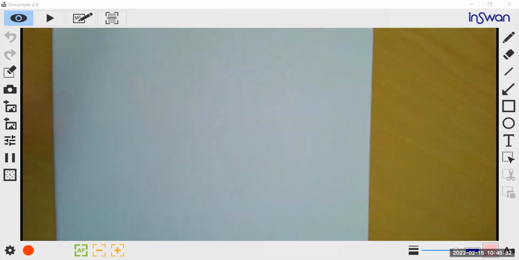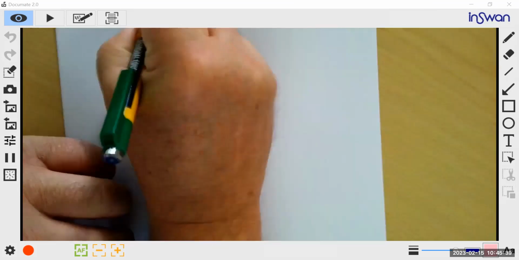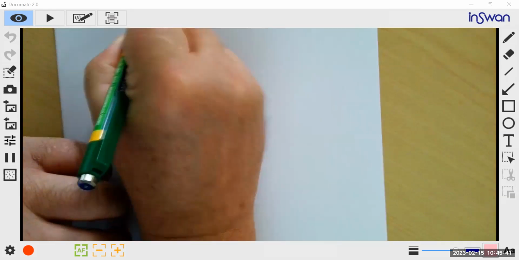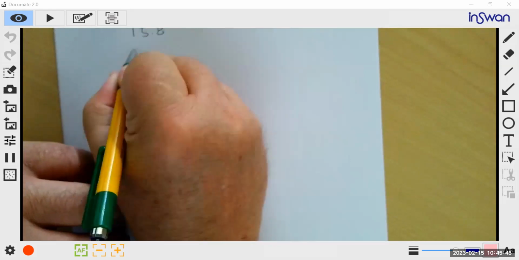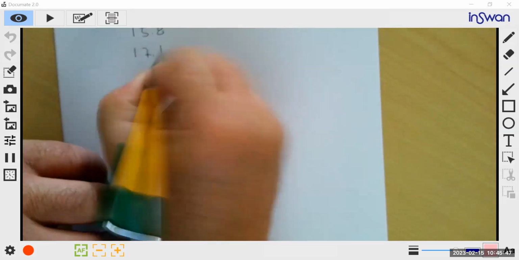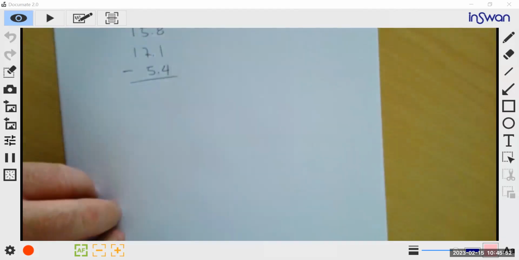Let's look at this one here. We have negative 19.2, negative 6.7, 15.8, 17.1, negative 5.4.